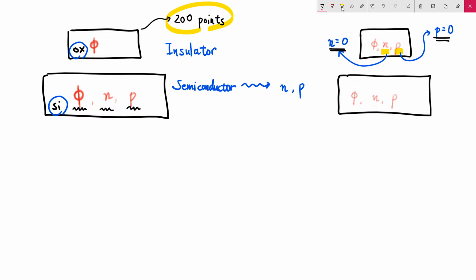But in addition to these fundamental, almost always included unknown variables, we can also introduce further unknown variables in our system. For example, we can think about electron temperature, hole temperature, or also quantum potential for electrons and quantum potential for holes.